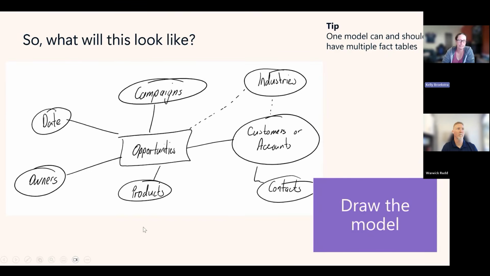So I'd make sure I had a line down to that. And my second tip is each business unit should have its own model. So we're not trying to put everything into one great big massive Uber cube or Uber model. We can actually split these things out separately.